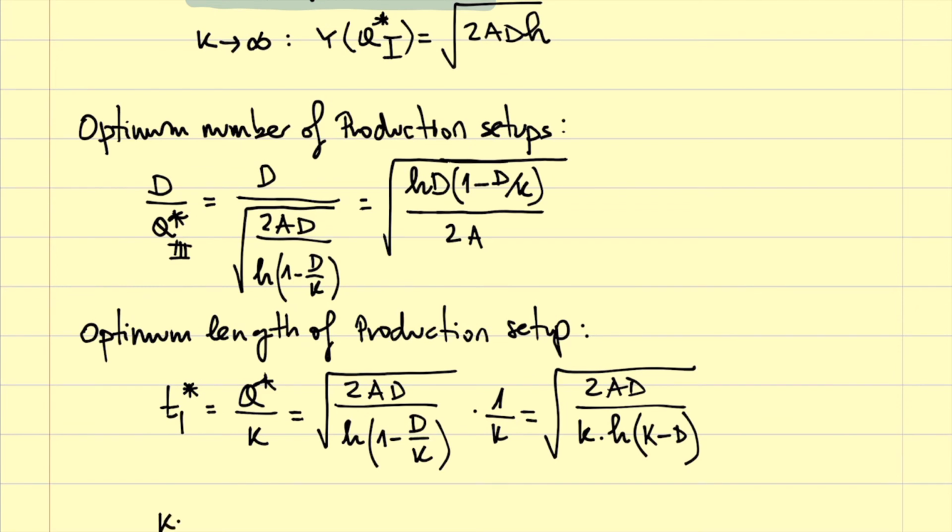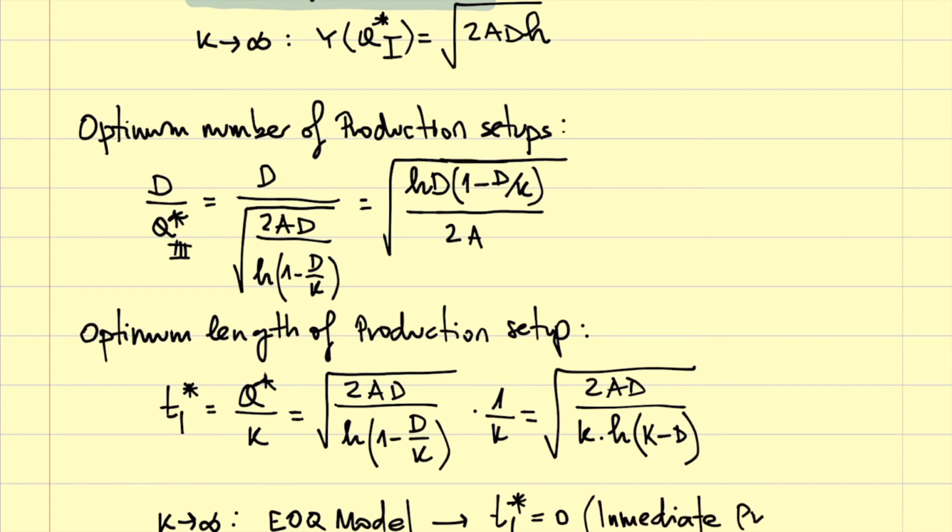When K tends to infinity, we have the EOQ model, because T1 is then 0, immediate production. Okay.